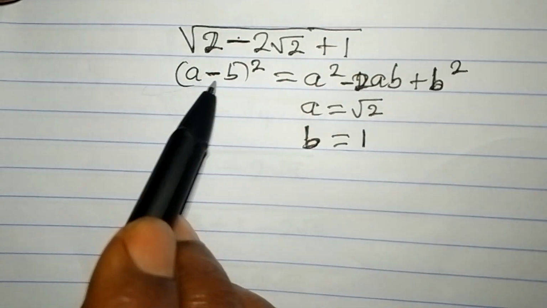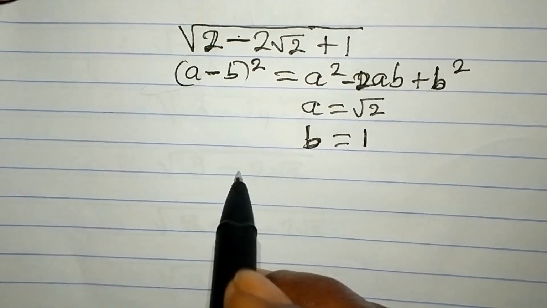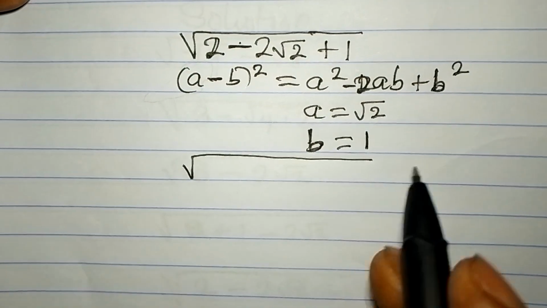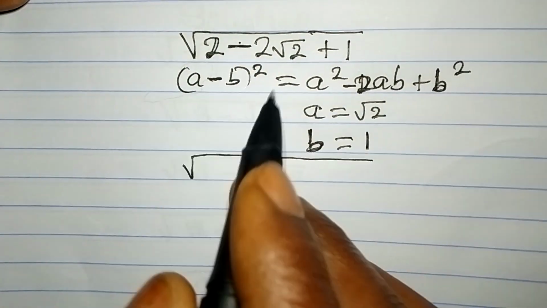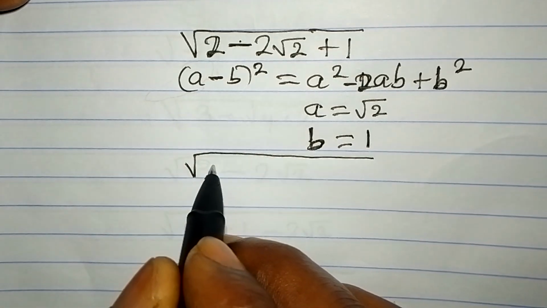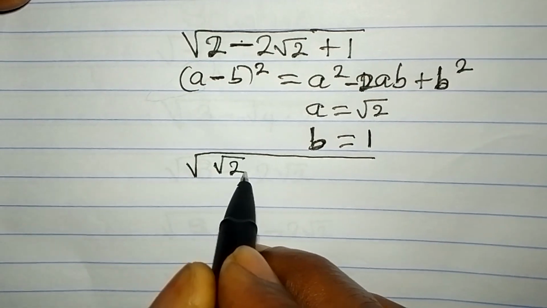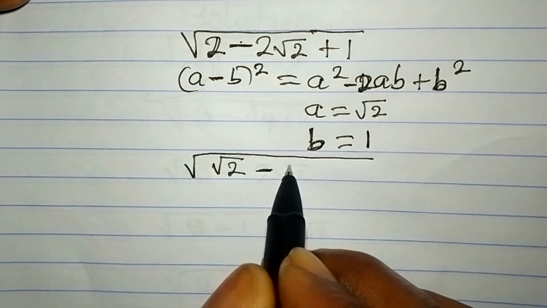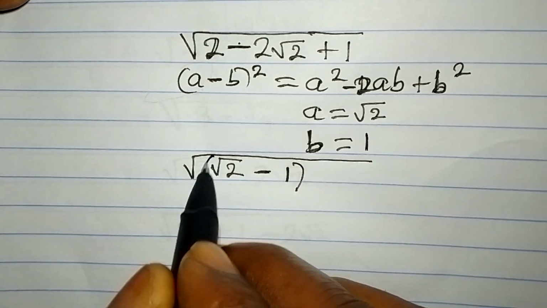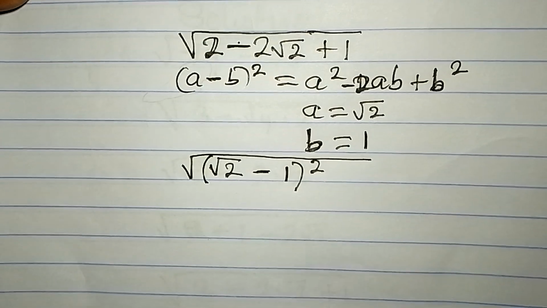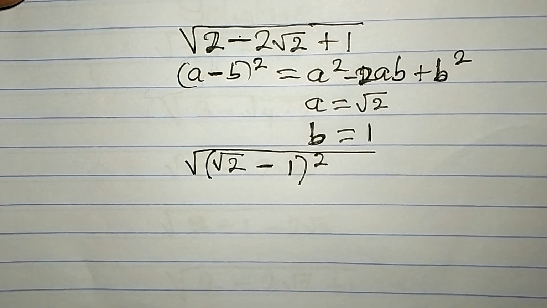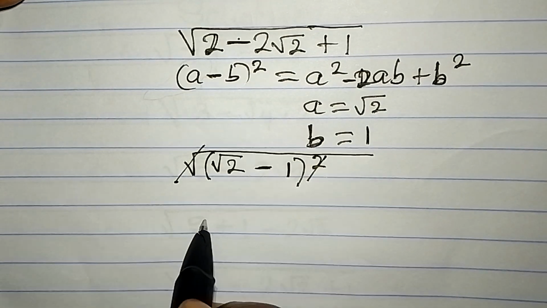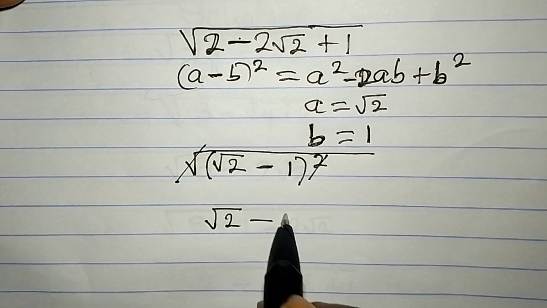So we now write square root of a, which is root 2, minus b, which is 1, all raised to the power of 2. Now, the square and the square root cancel, so we now have square root of 2 minus 1.